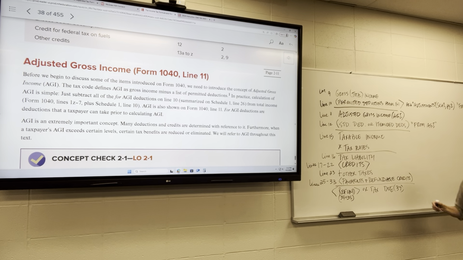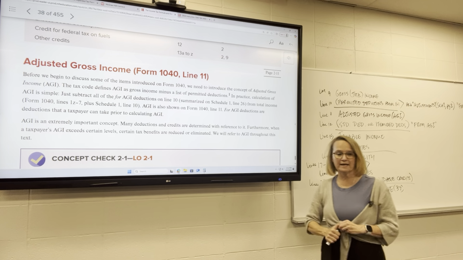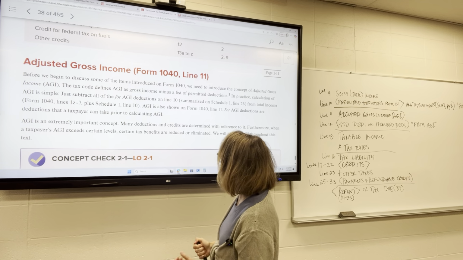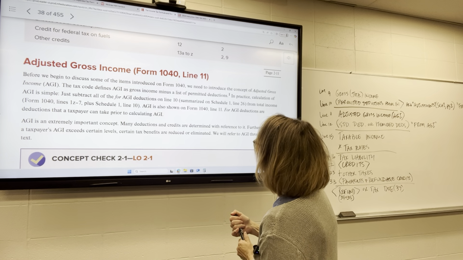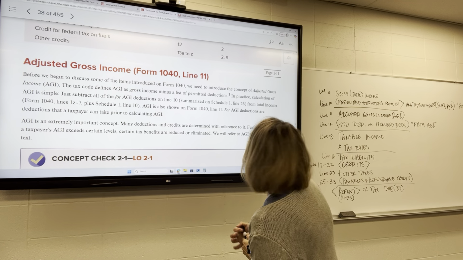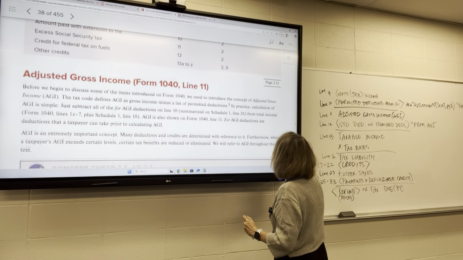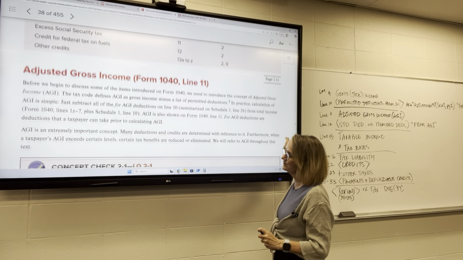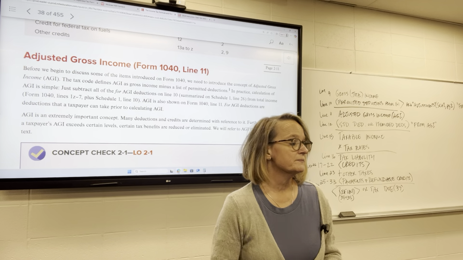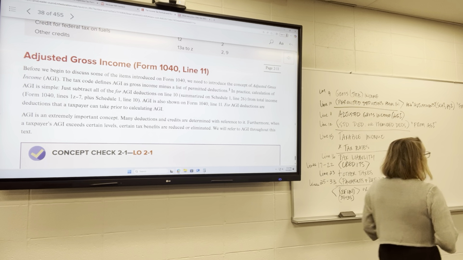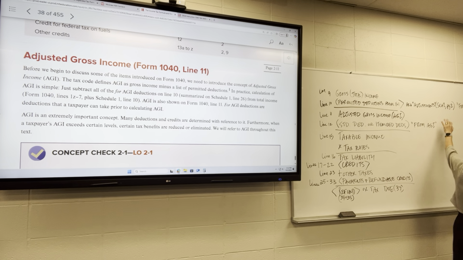There's also this concept of above the line and below the line. I don't know if they talk about it here. They used to talk about it here. It's terminology that's used frequently in tax. Above the line deductions are the for AGI deductions. Below the line deductions are the from AGI deductions, so they come after.